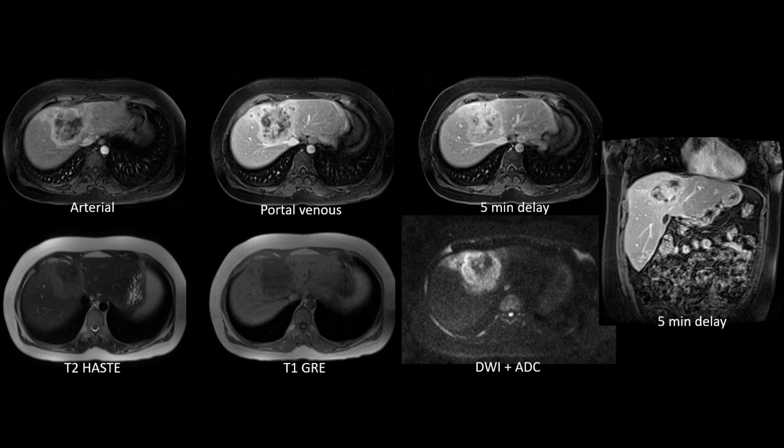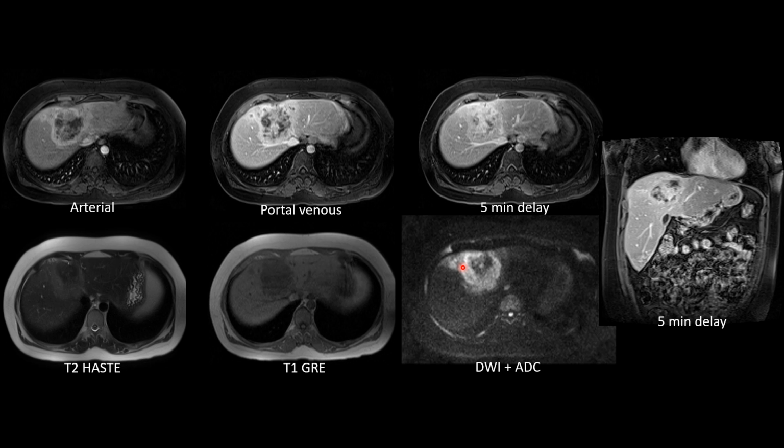Here we have a completely different mass. In this case, we have arterial phase rim hyperenhancement, some mild T2 hyperintensity. We have progressive enhancement on our delayed phase. It's hypointense on T1 and it's markedly restricting diffusion.